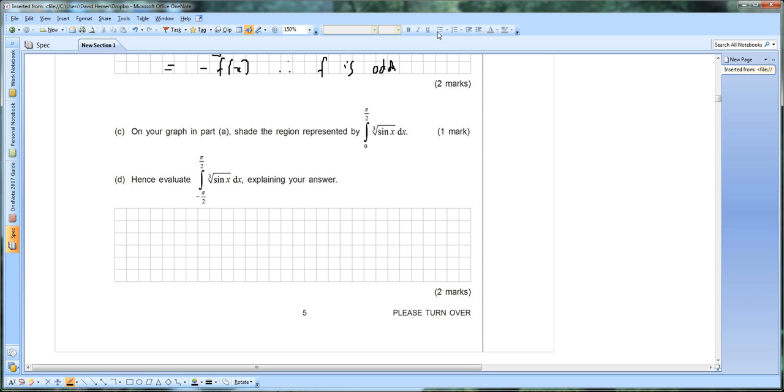And then the last bit, the integral between minus pi on 2 and pi on 2 is going to equal 0, and that's because f is an odd function.